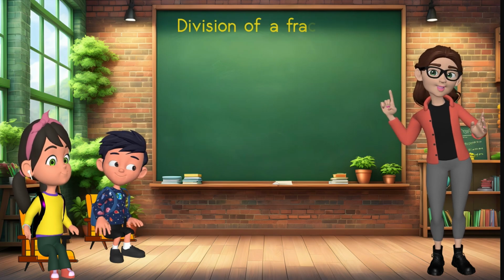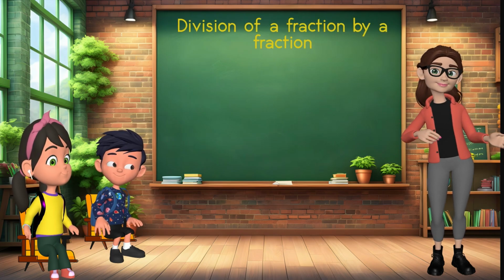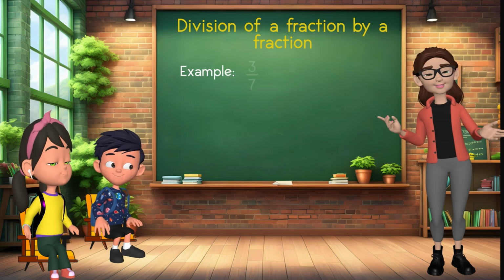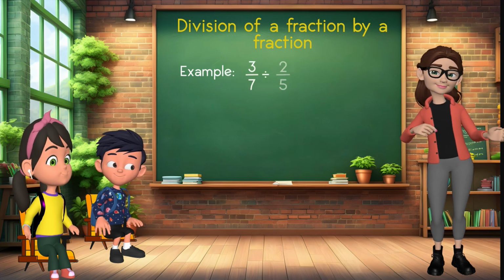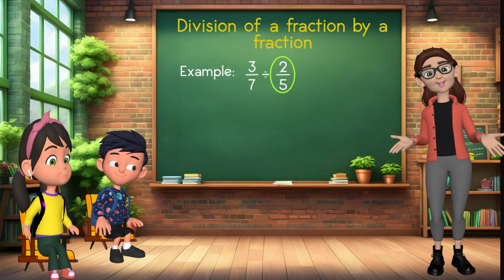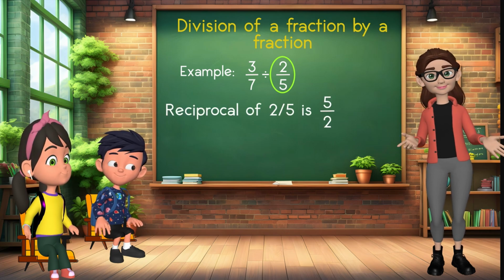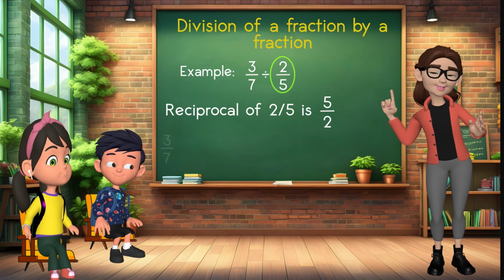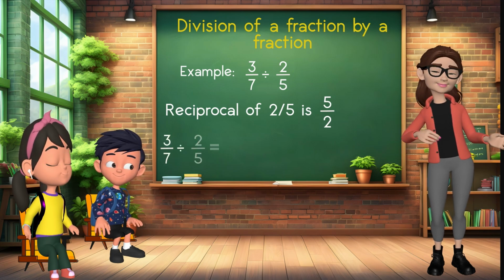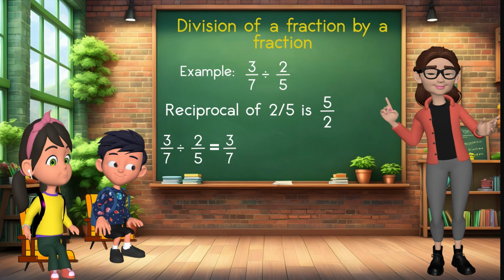Division of a fraction by a fraction. Example: Divide 3/7 by 2/5. Here, the reciprocal of the divisor 2/5 is 5/2. 3/7 divided by 2/5 is equal to 3/7 multiplied by 5/2.